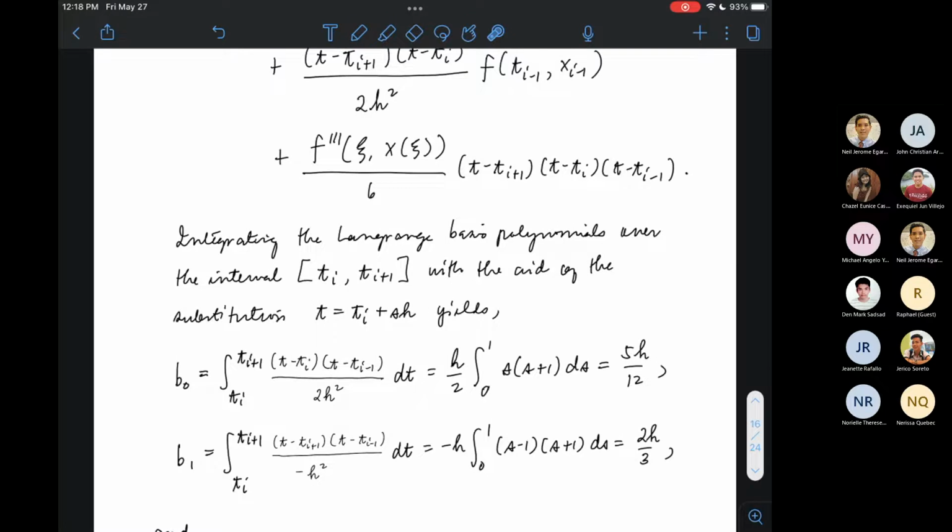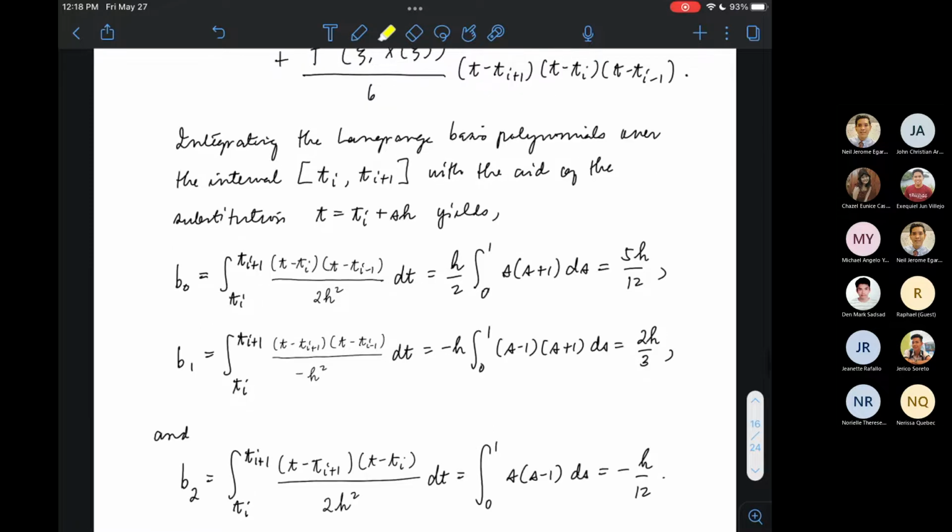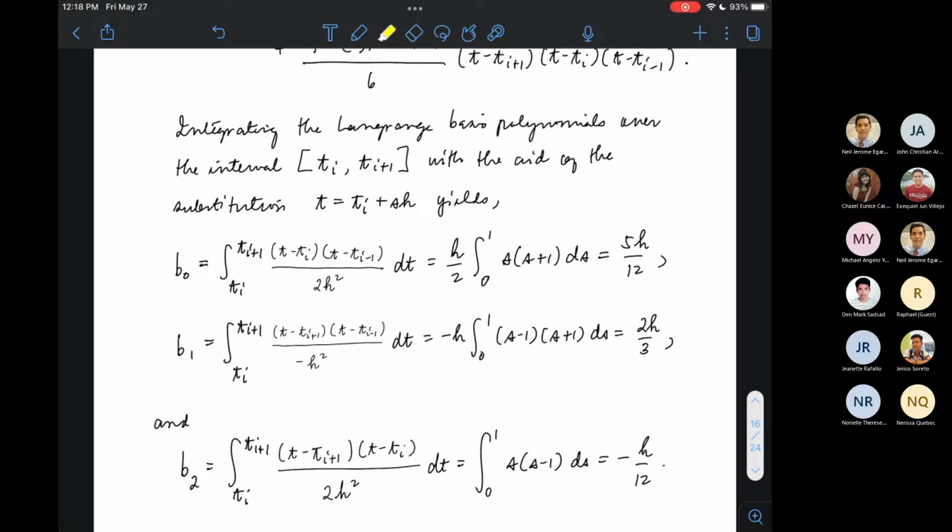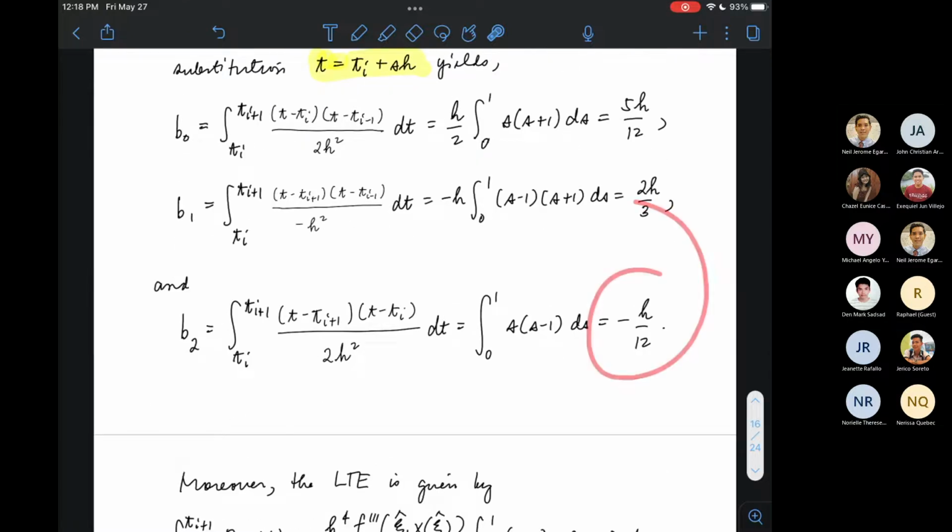Now I will integrate them over the interval t sub i until t sub i plus 1, but in order to get a nice integral there, gagamitin ko tong substitution na to. Pero actually, hindi naman siya kailangan. Pwede nyo itong ipakompute kay Mathematica, or kahit kay MATLAB, polynomial lang naman to. So, madali niya yung masasolve. Alright? So, it turns out that b sub 0 will be 5h over 12, b sub 1 will be 2h over 3, and b sub 3 would be negative h over 12.